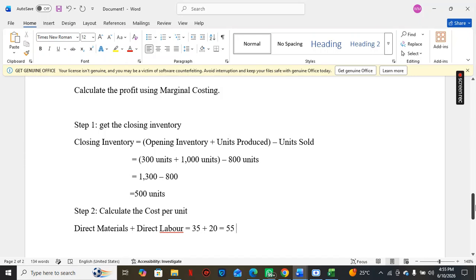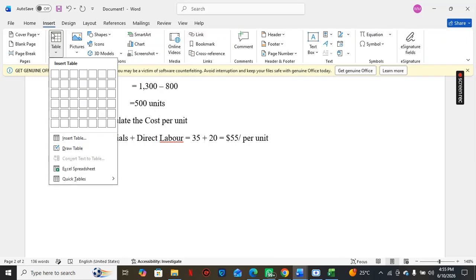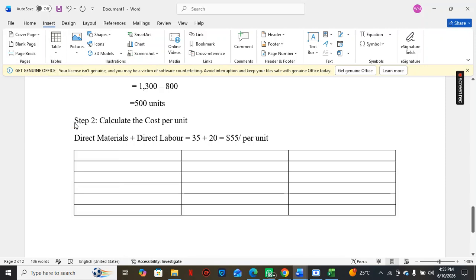This is the cost per unit, $55 per unit. Once you're done with that, we can now form the profit statement. I usually like using two columns. It makes life easier.